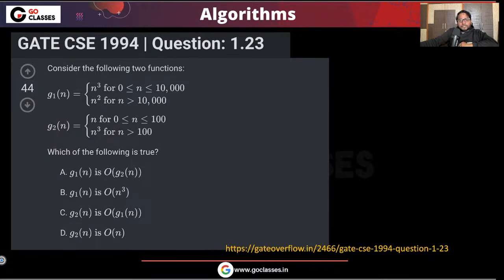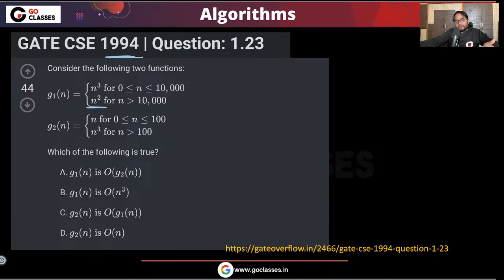Now, can you solve this question? This question has been asked in 1994. So what they are saying is that before 10,000, this is n square. After 10,000, this is n square. See, for us, it doesn't matter what is happening with the smaller values. Smaller in the sense that, any theoretical value could be smaller value, which means that if they are saying 10,000, then after the 10,000 matter to us, which means that after 10,000 it is n square, right?